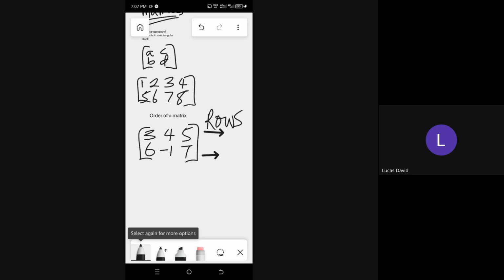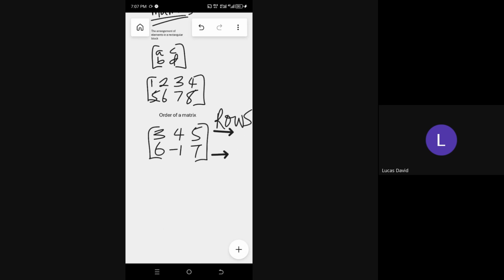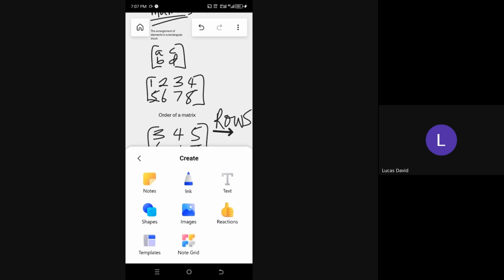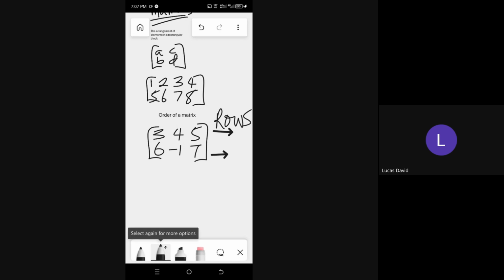Then for the columns, matrices have rows and columns. Columns are identified by the vertical arrows. The vertical arrows identify the columns, either downward or upward.